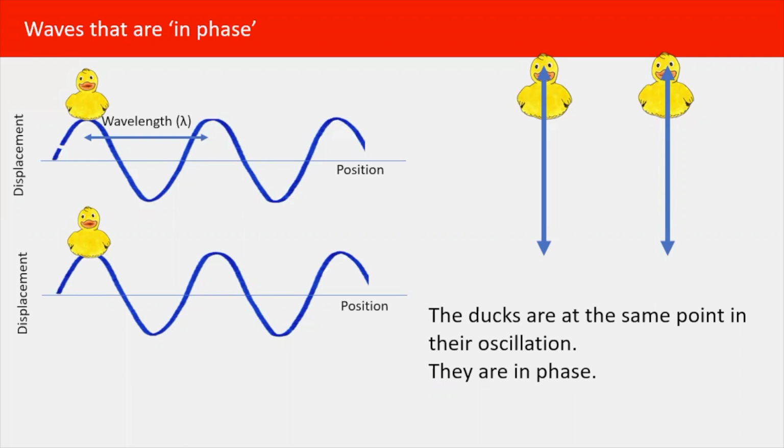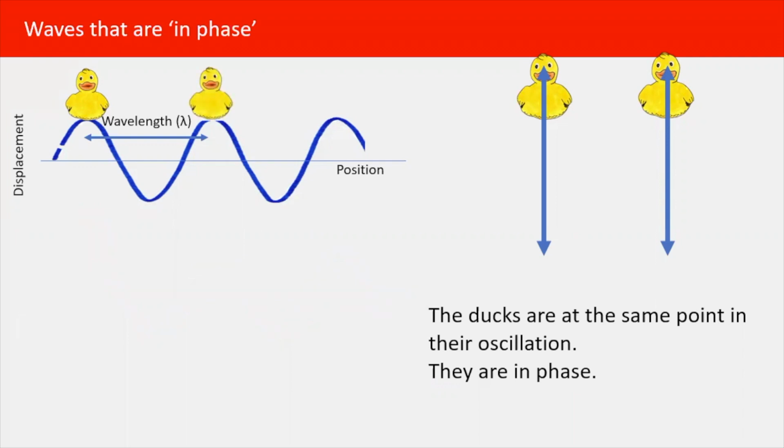These two waves are said to be in phase, or that their phase angle is 0 degrees. The same could be said for 2 points on the same wave that were one wavelength apart. Because of the cyclic nature of oscillations, being 360 degrees or 2 pi radians apart would also be the same thing as being in phase. To model this, I get students to move both hands up and down in phase.